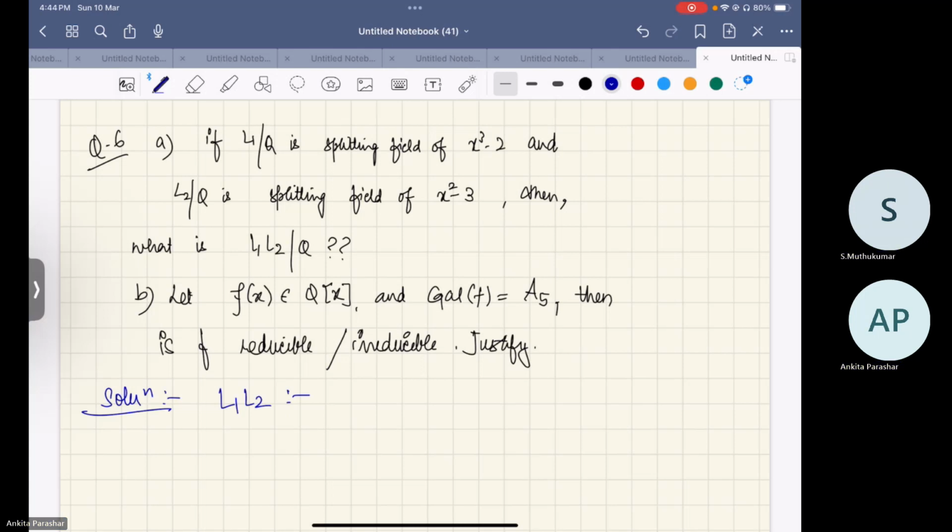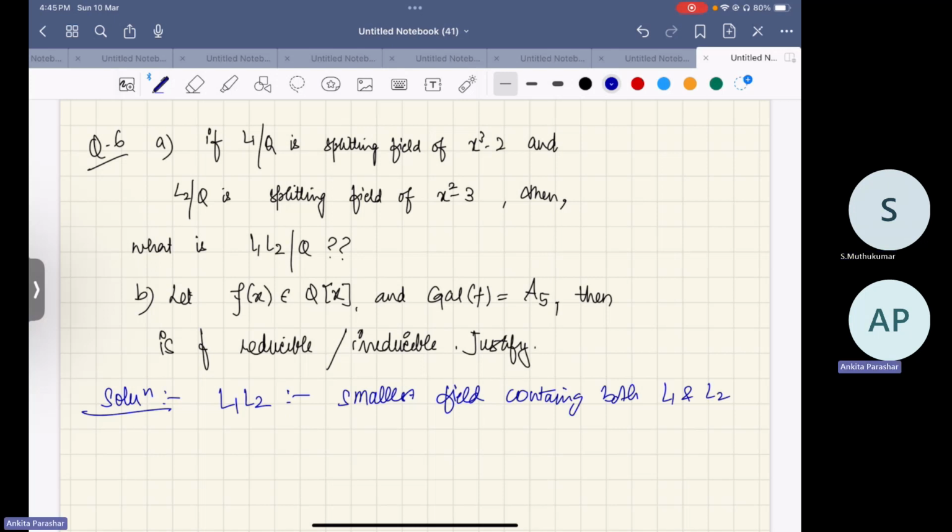Sometimes people say compositum, but we will use composite. It is the smallest field containing both L1 and L2.